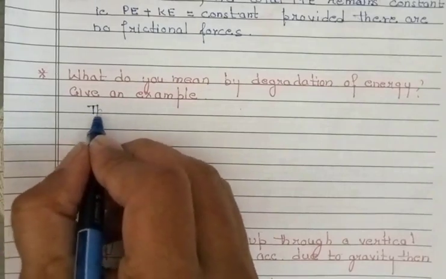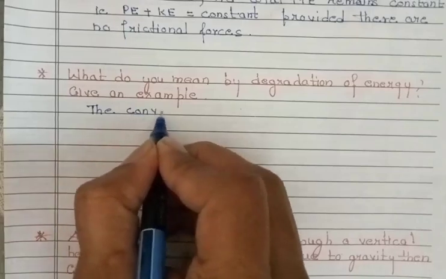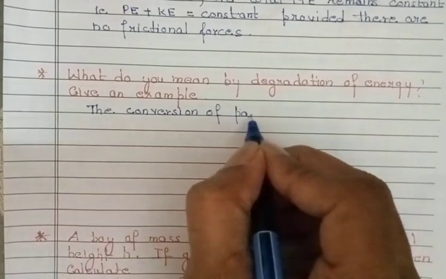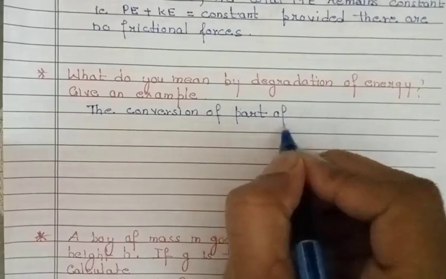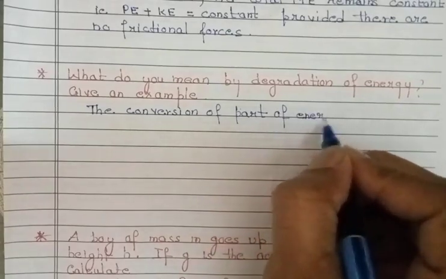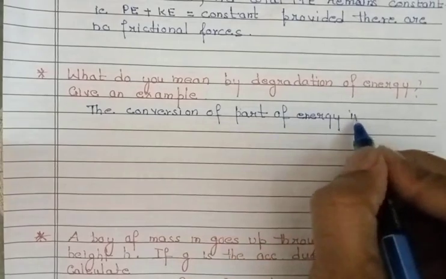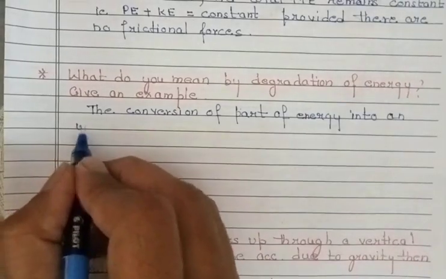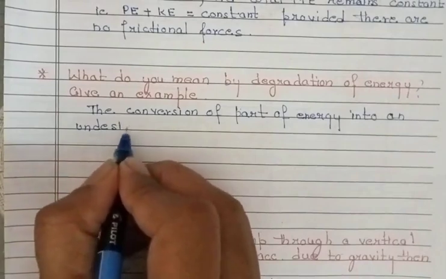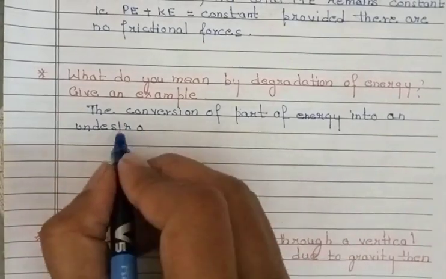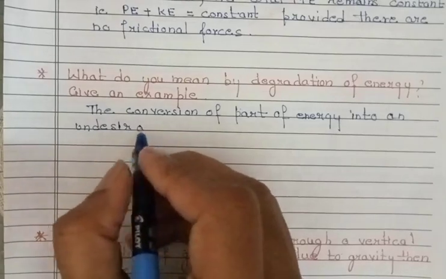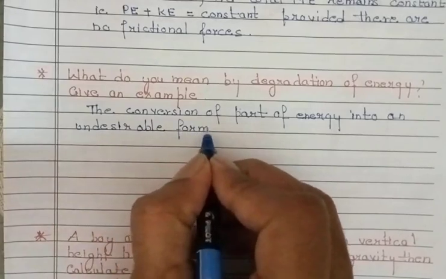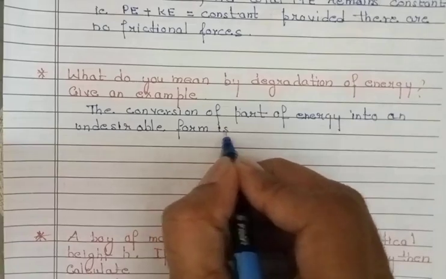Here is the conversion of part of energy into an undesirable form is called degradation of energy.